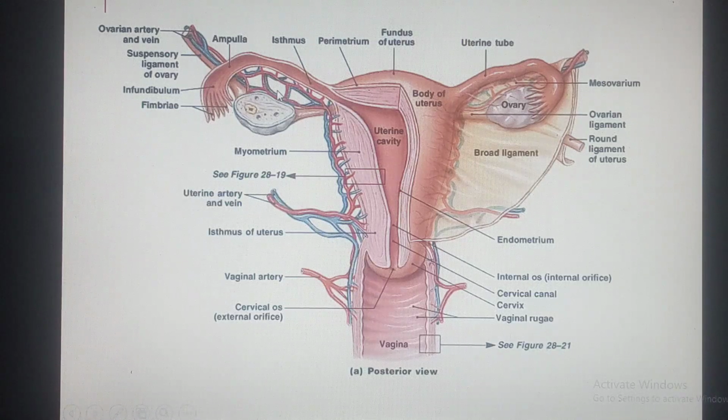Now what happens is that the right gonadal vein will drain directly into what we call the inferior vena cava. But the left will drain into what we call the left renal vein, and then it is drained into the inferior vena cava, usually at the L1 level.